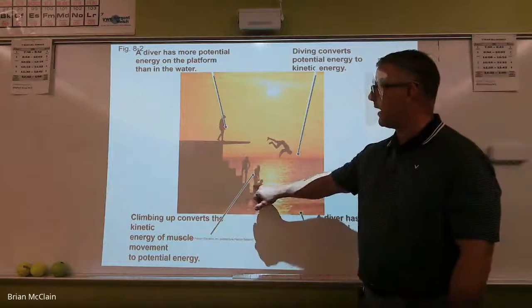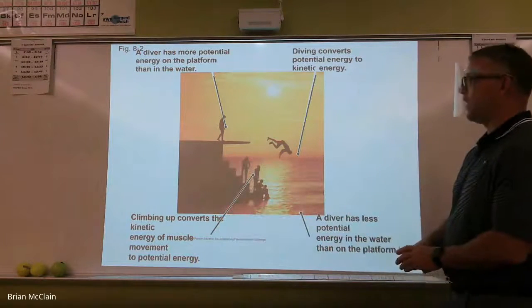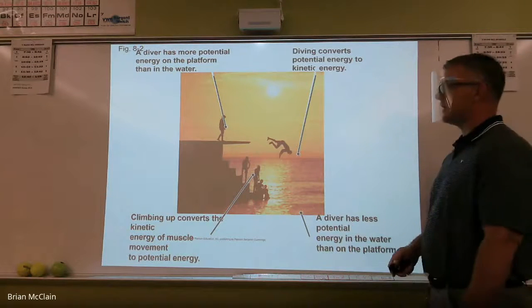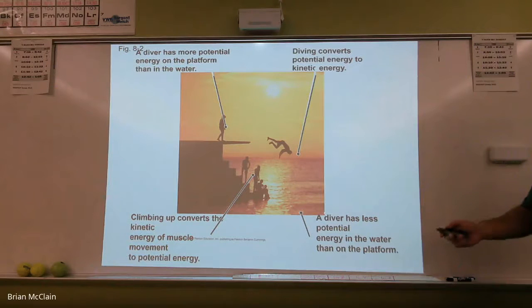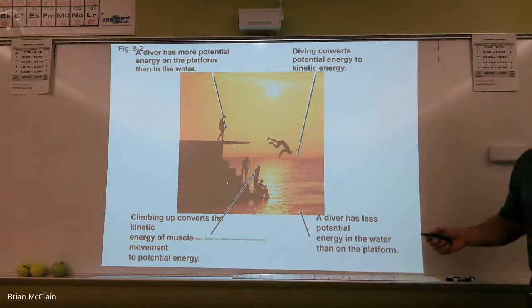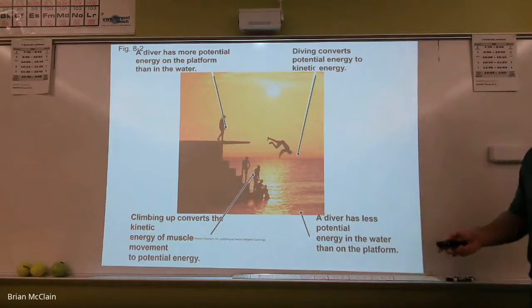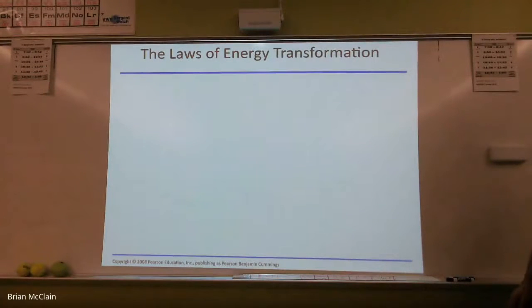As he climbs back up the ladder to get to the top of the platform, they're using chemical energy, converting it into kinetic energy to restore that system. So there's definitely situations where some of the energy has transformed and gone in different directions. Some of the calories this person has consumed are being converted into heat. So not everything is 100% efficient. In fact, nothing is 100% efficient.